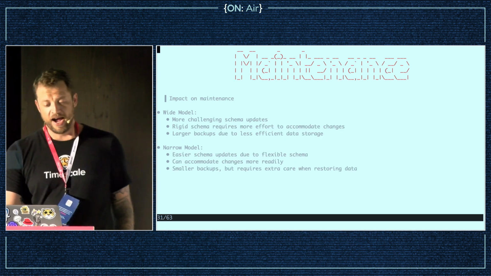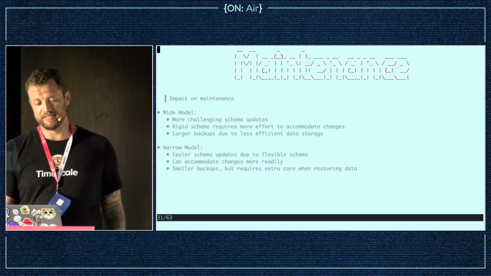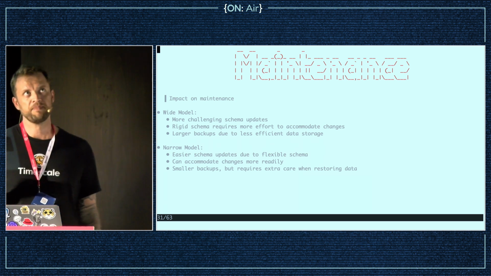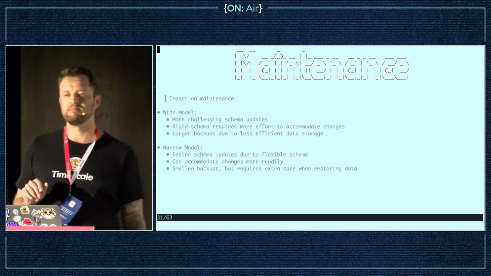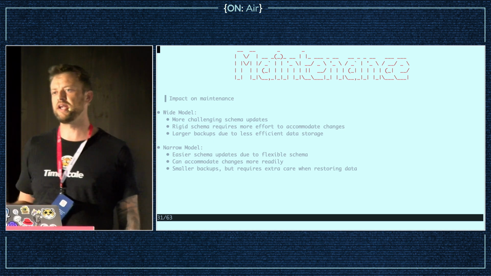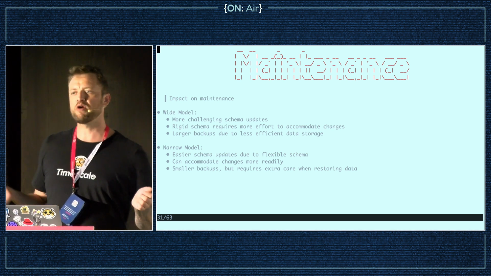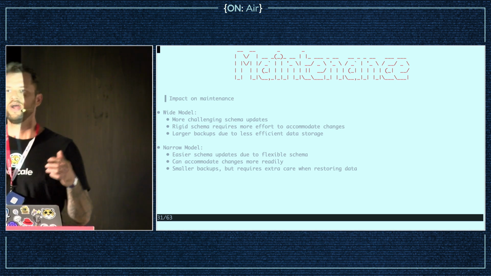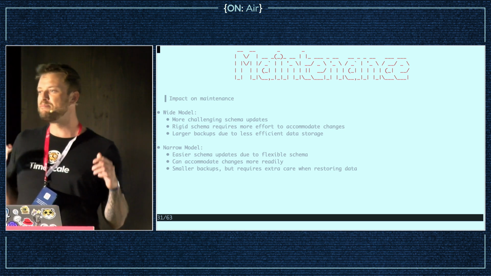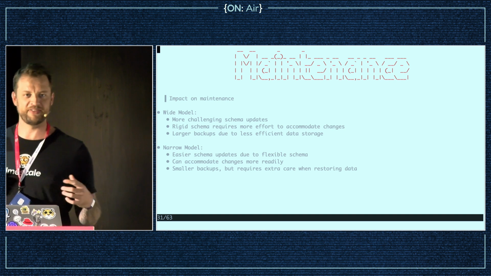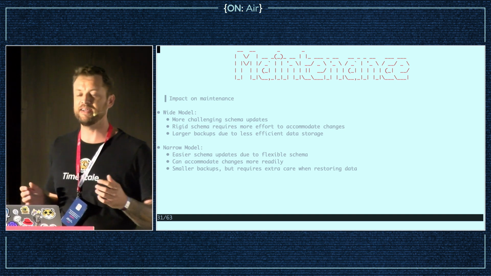And in maintenance, for example in the wide model, imagine you have a table that's already running. For example, we have clients who are ingesting 1 billion metrics per day. If you think about 1 billion metrics per day, you can imagine they have a few terabytes or petabytes of data already.